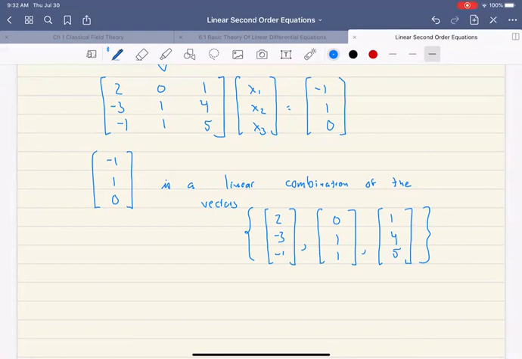I'm not allowed to share the screen, so let me just go to my calculator.